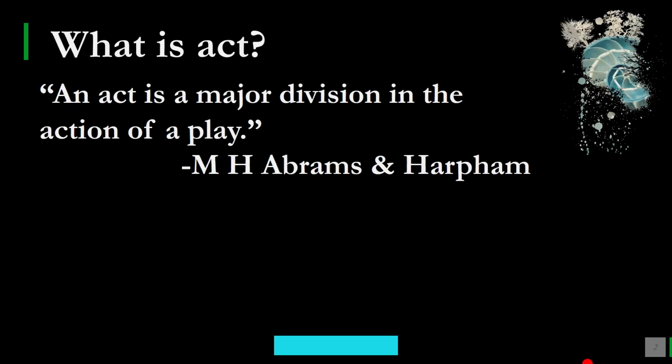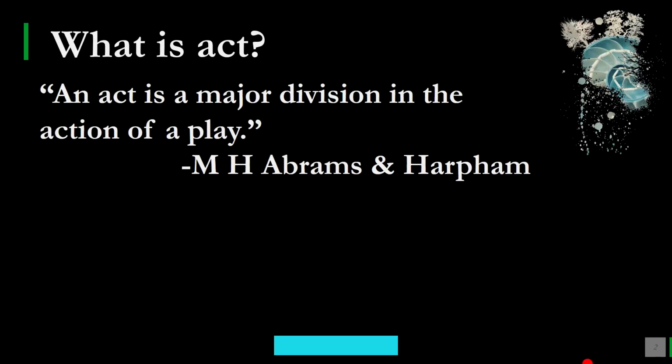So according to M.H. Abrams and Halfam, act is a major division in the action of a play. Now you can understand that act is nothing but a division in the action of the play. There is a play and there is action. So this action is divided into some sections, and these sections are called act. So you are familiar with this act.